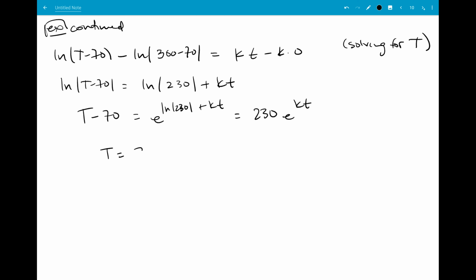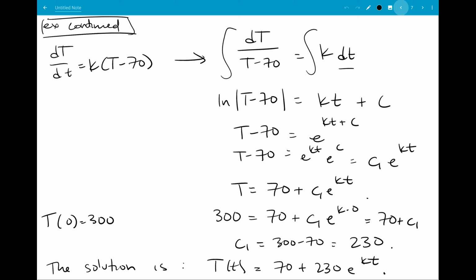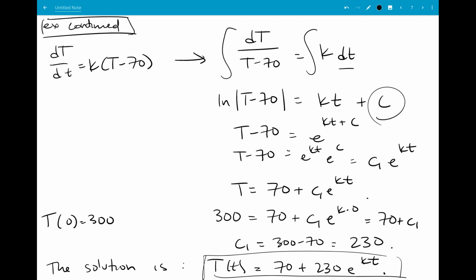Or T is equal to 70 plus 230 e to the kt, which is the same solution we got back here by integrating the whole thing, having an unknown constant, and then plugging in our initial conditions later.